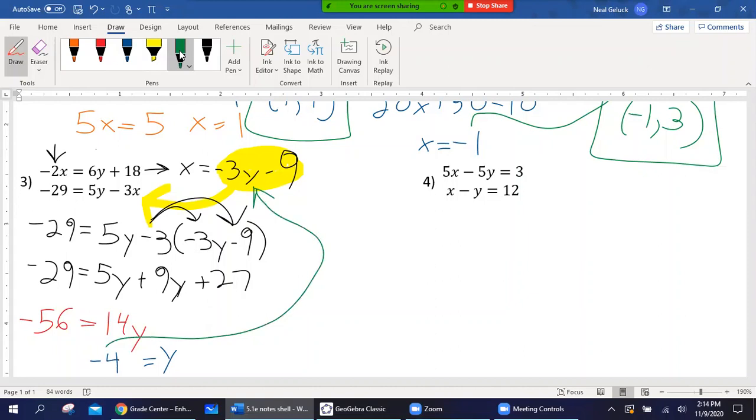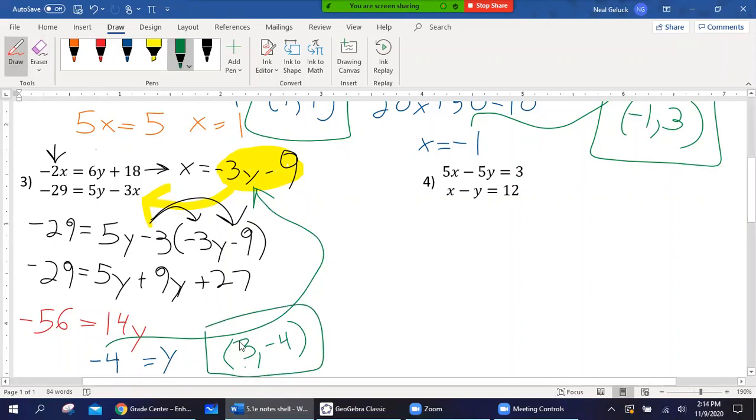And if you do that, you'll get that x is 3. So my point here is 3 for the x, -4 for the y. Again, I would like them as an ordered pair. And again, you can check these. You can plug in 3 for x, -4 for y into your originals. If it works in both, you're good.